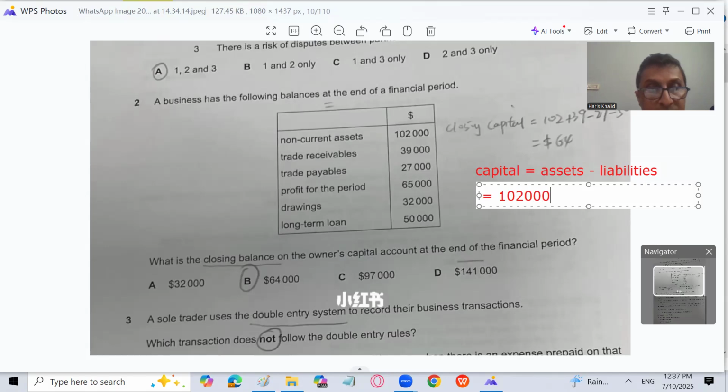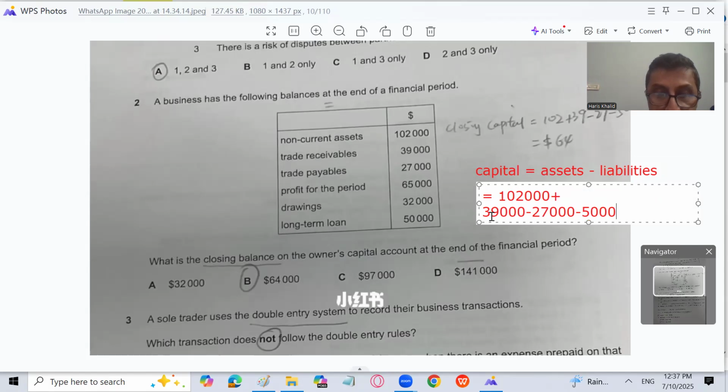102,000 non-current assets plus trade receivables 39,000. Trade payables have to be subtracted because they are a liability, 27,000. Then the long-term loan is also a liability, that is 50,000. You will get the closing capital, which is 64,000.